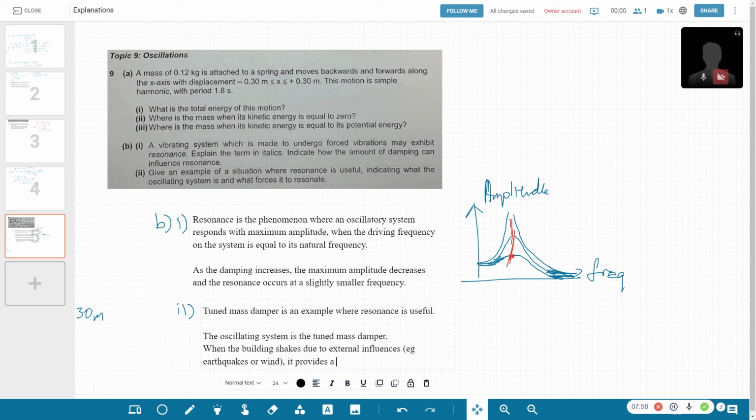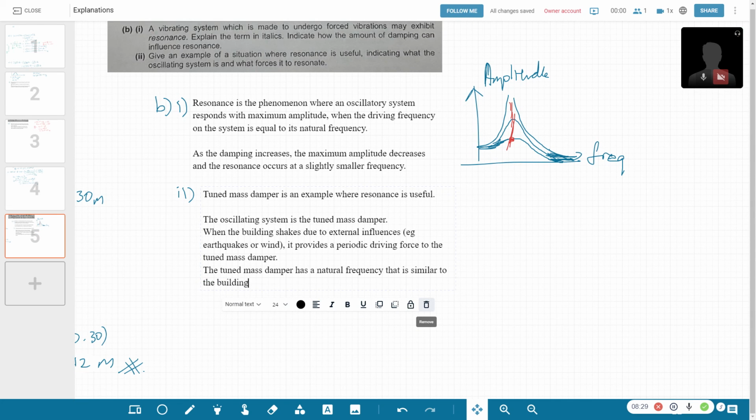it provides a periodic driving force to the tuned mass damper. What forces it to resonate? We need to say more. The tuned mass damper has a natural frequency that is similar to the building's natural frequency.